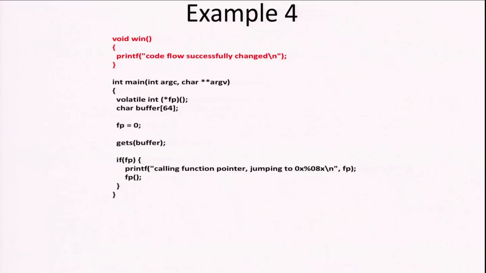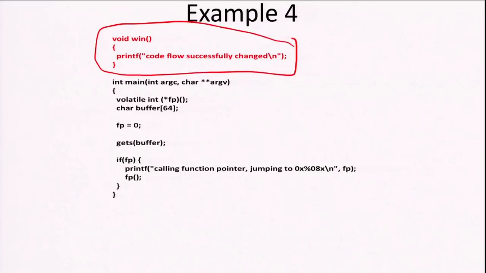So here we have a very simple function called win, and we want to know if that particular function can be executed by causing a buffer overflow. Again, we have a volatile pointer, in this case a function pointer, and then a buffer variable, and originally the function pointer is assigned null.